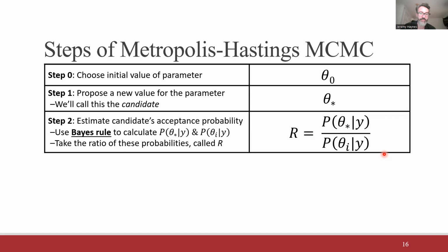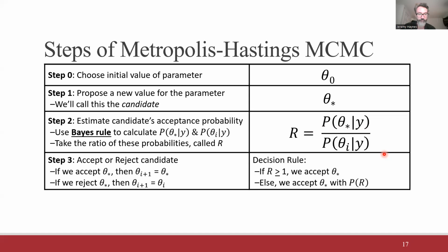We're going to take the ratio of these probabilities, and this is referred to as R, and then we're going to decide whether or not to accept the candidate or reject the candidate. And remember, when we reject the candidate, we accept our prior parameter value, so theta i.